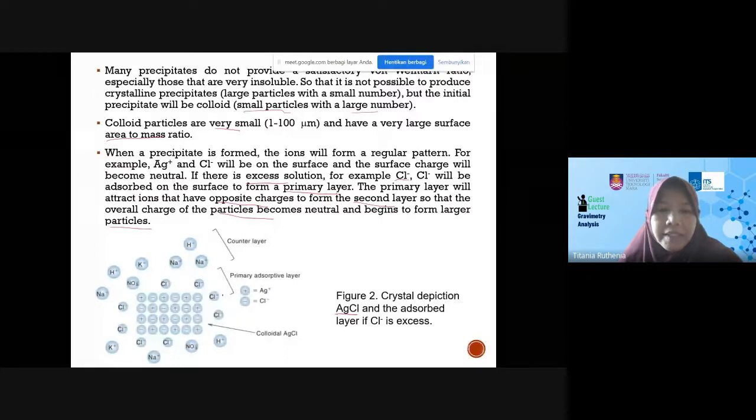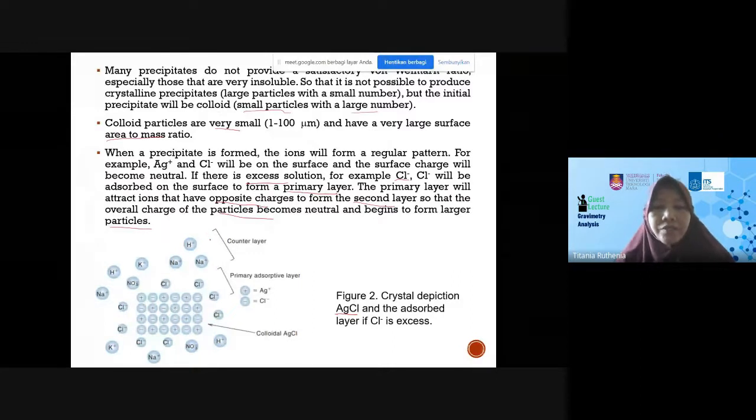When excess Cl minus is added to the precipitate, then because it's not neutral, it will attract other ions in the solution to form the second layer, so that the particle will become electrically neutral.